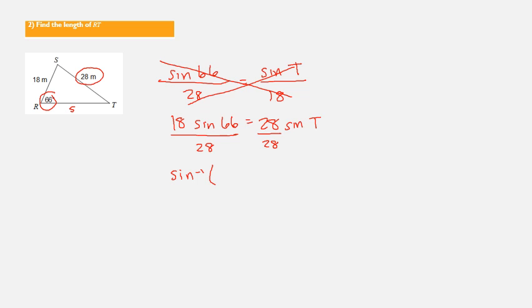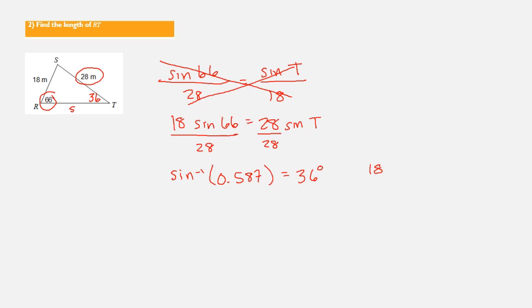So we'll type that in, and I get 0.587 for 18 sine 66 over 28. And then if I take the sine inverse of that function, sine inverse, then I get 35.9, so 36 degrees. Okay, so that's angle T.